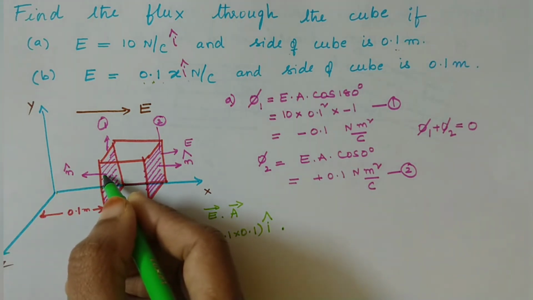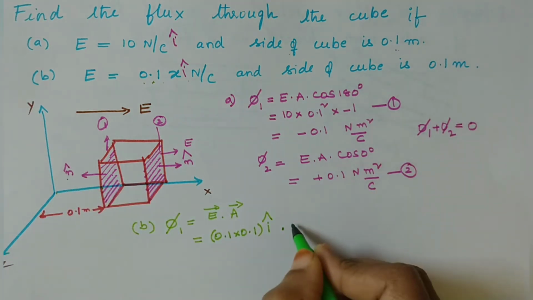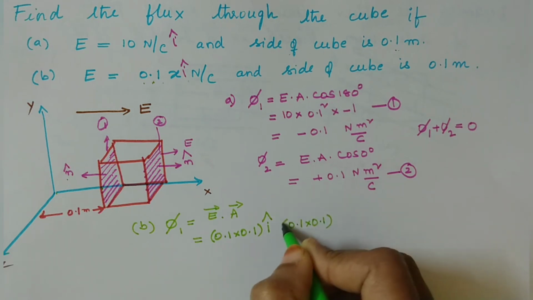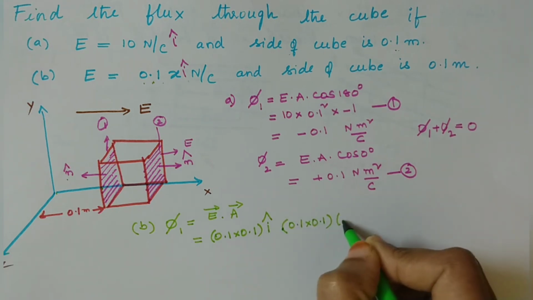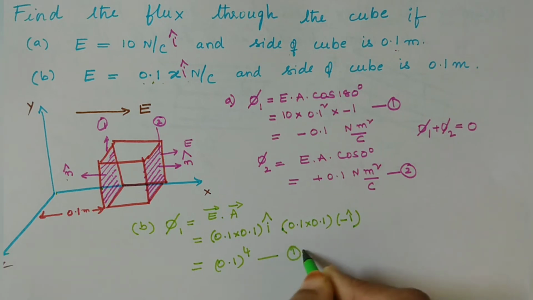Area vector is in the opposite direction. Magnitude of the area vector is 0.1 into 0.1, area of a square, and it is directed in minus i cap direction. If you write it as i dot i, your answer would be 1. So 0.1 whole to the power 4 will be the first bit.